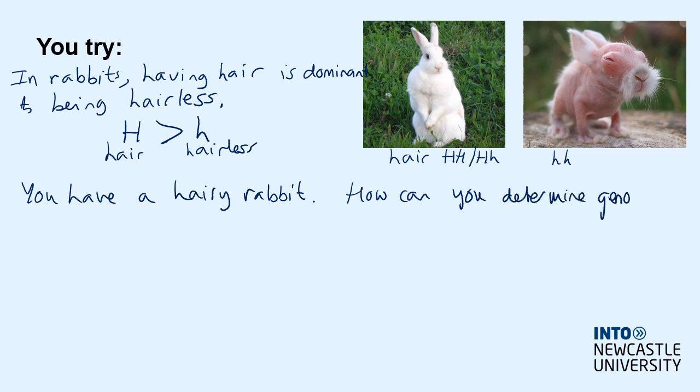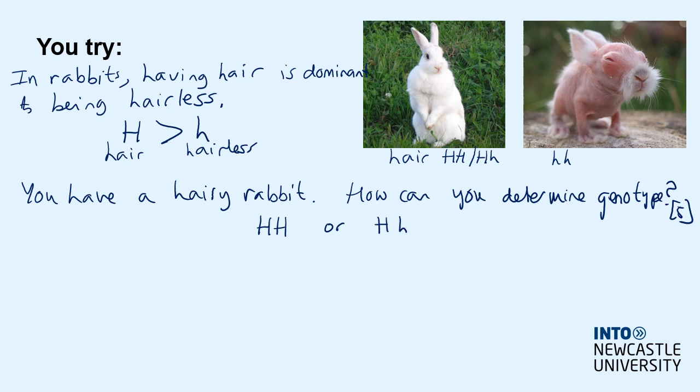How can you determine its genotype? This could be a 5-mark exam question. So pause the video, write this down, and we'll have a look at the answer. Okay, so you've got your hairy rabbit and you don't know if your hairy rabbit is big H, big H, or big H, little h.